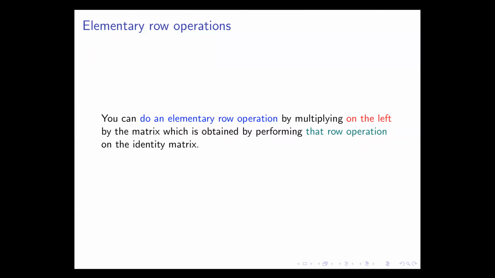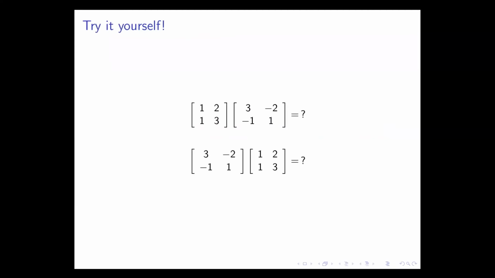So let's look at an example. First of all, let's do this calculation by yourself, and then later we'll discuss what is the meaning of the matrix A and matrix B in this case.